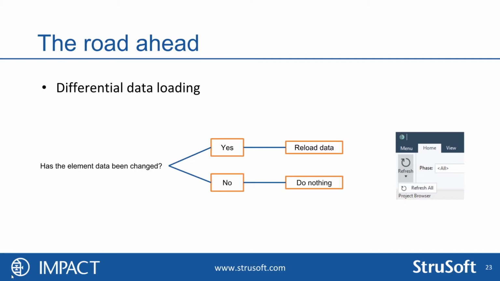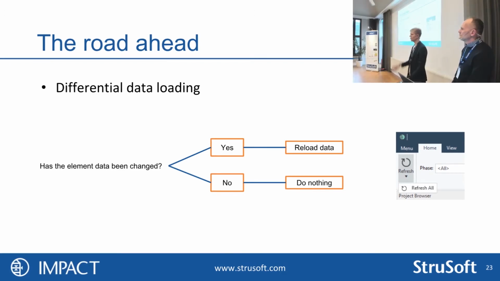We're also making changes to the way we load data, making them more differential. In the current version, we don't ask the question, has the element been changed since the last refresh? We just load in all the data. And that's time consuming. In version 16, we're going to ask the program, has the element been changed since your last refresh?